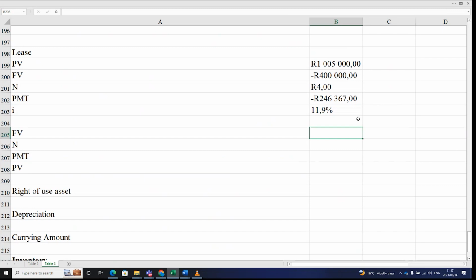All right. Incentives or payment made by a lessor to the lessee associated with the lease, or reimbursements, initial direct costs incurred by the lessee, so all of those costs that are necessary to conclude the lease generally will form part of the right of use asset.